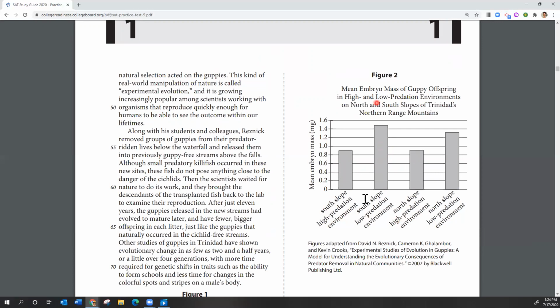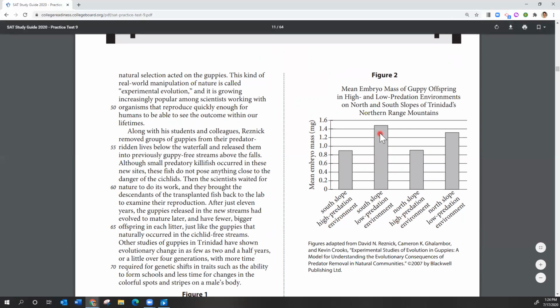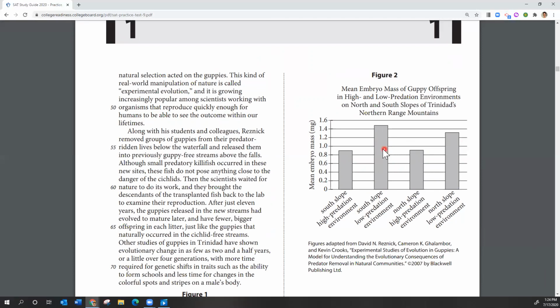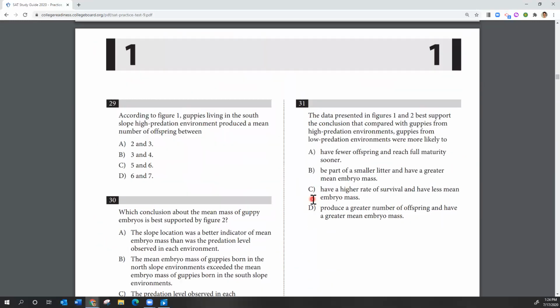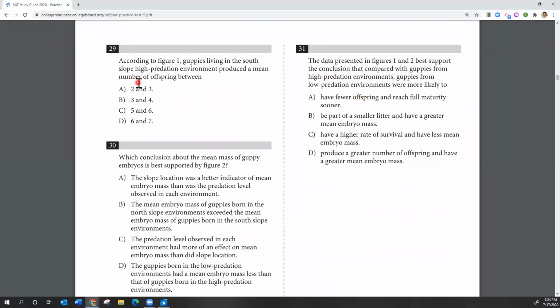Where we have low predators, then we seem to have higher mass of the embryos being born. So we kind of take that general information back with us to these questions and see where we go.